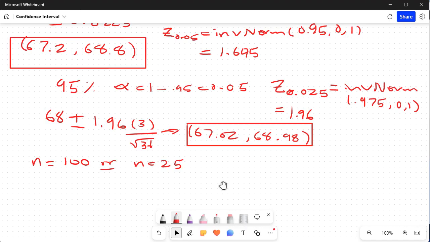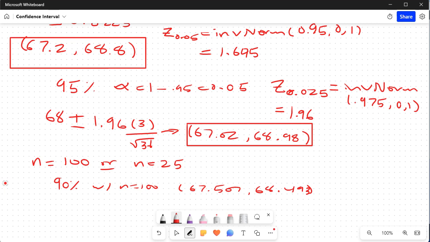Now, in either case, that means that with a 90% confidence and a sample size equal to 100, the confidence interval was 67.507 to 68.493.